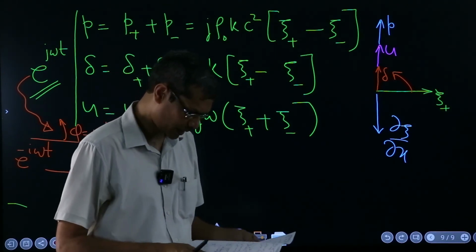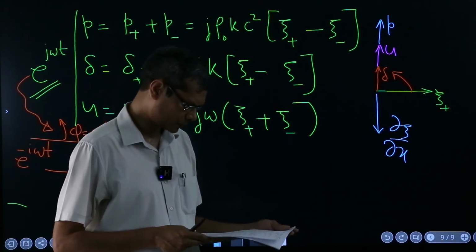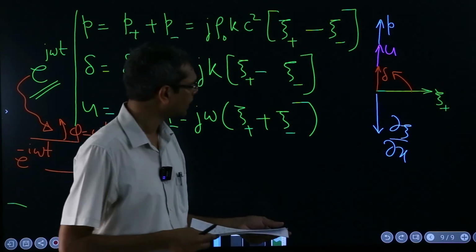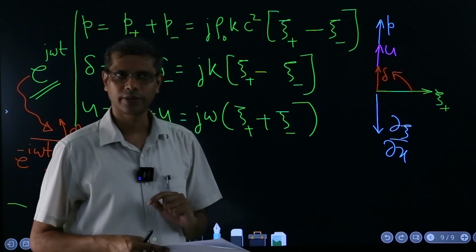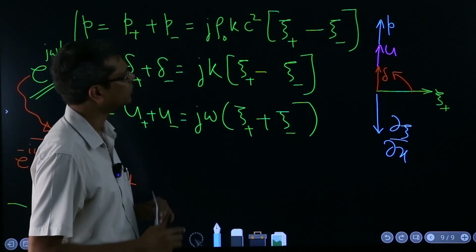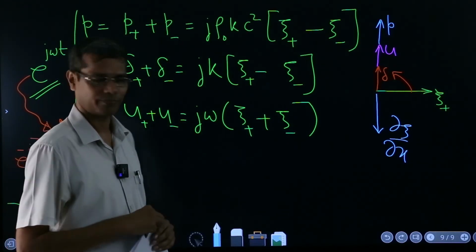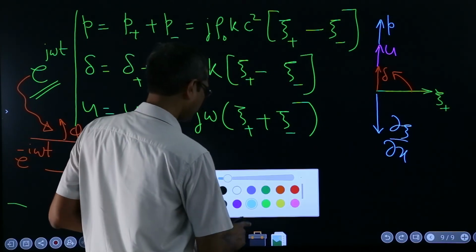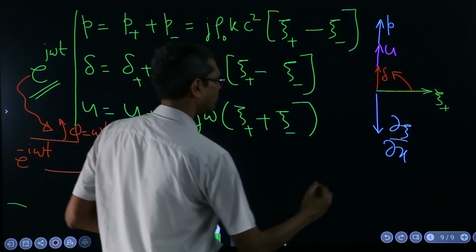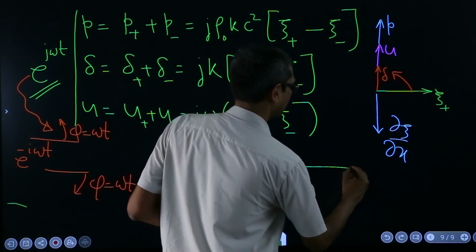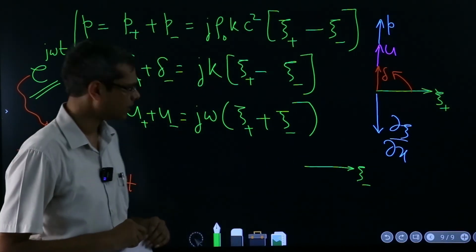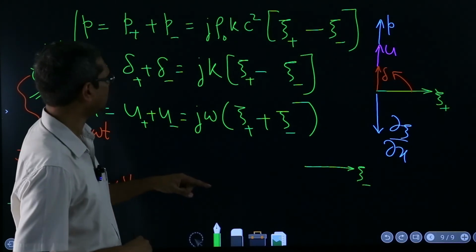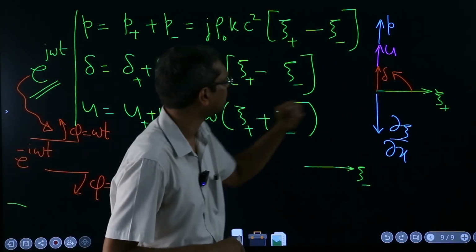Then what? Now, that was for forward moving wave. What if we try to draw the same thing for backward moving wave? For backward moving wave, let us say we have drawn say xi minus. Now with respect to that, let's first think about condensation delta.